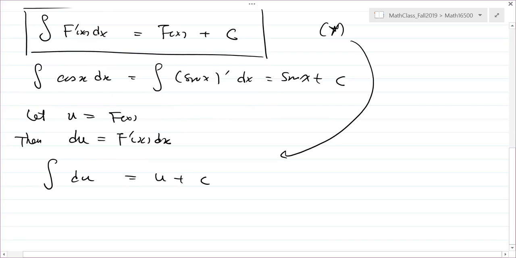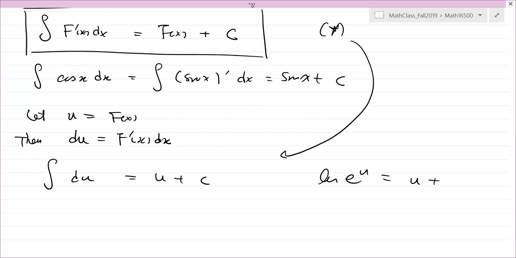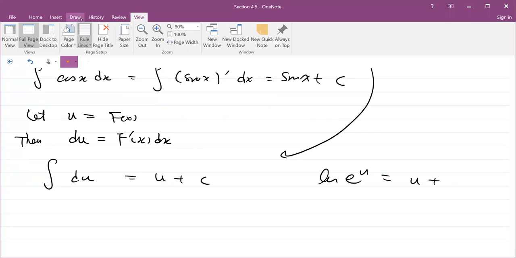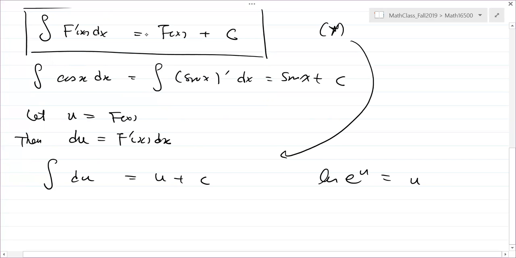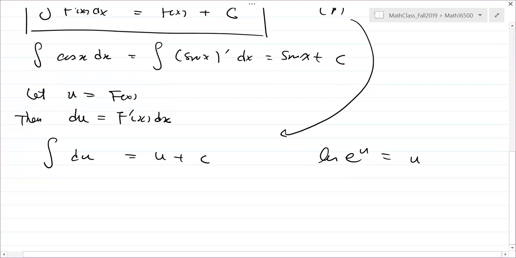So the integral and the differential are inverse operations, just like the natural log of e to the u is just u, right? Very similar to that. They cancel out; they are inverse to each other in some sense. This is a general idea.